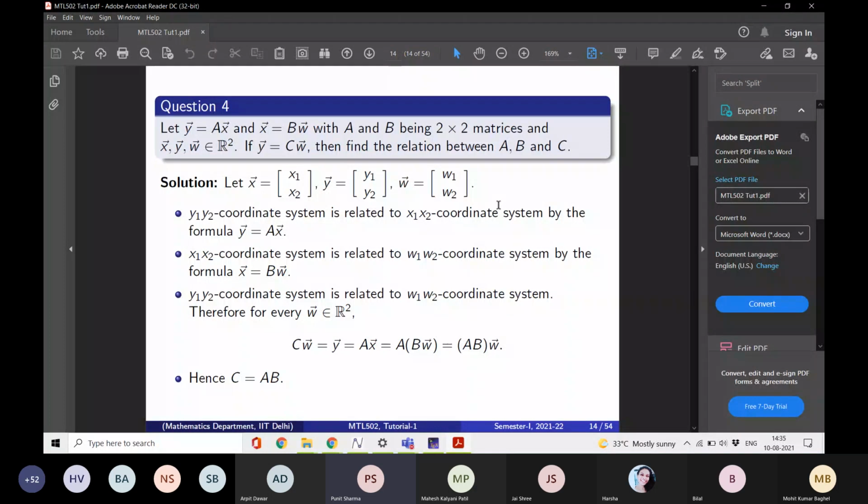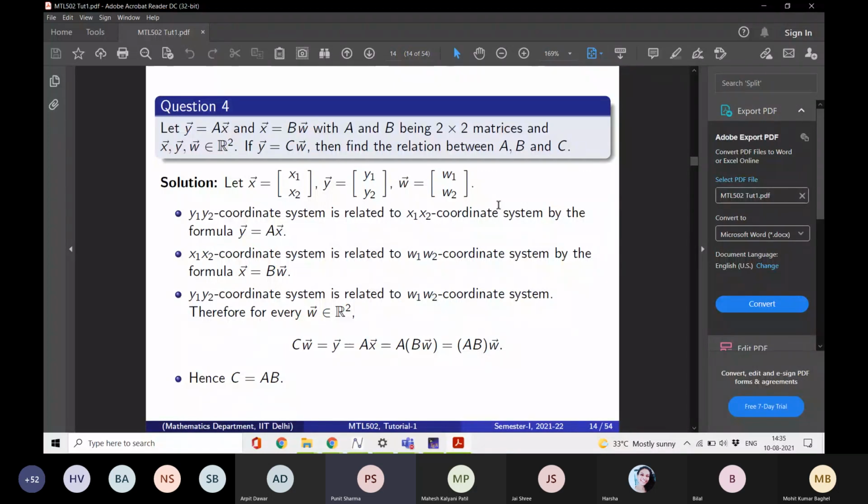They are 2 cross 2 matrices, and W is a vector of size 2 cross 1. Now what you are saying is that you are equating two systems, CW is equal to ABW, and from this you are saying C equal to AB.